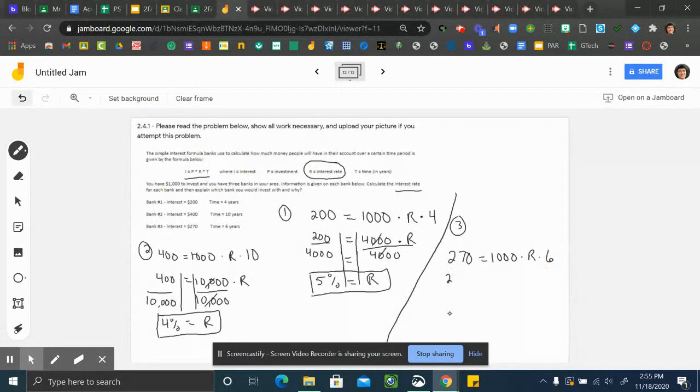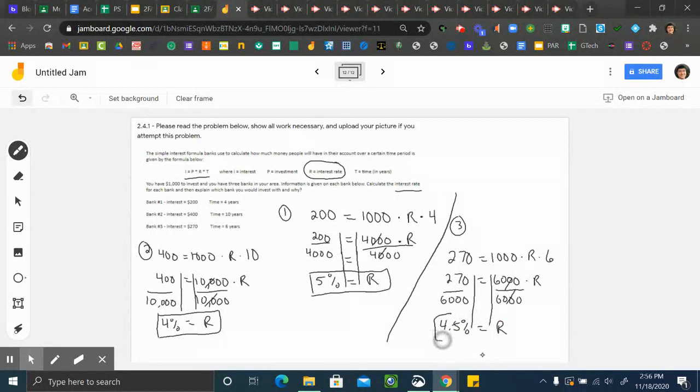So that means 270 is equal to 6,000 times R. We're going to once again use equal sign highway, divide each side by 6,000, divide by 6,000, and we're going to cancel out the 6,000 here, and we're going to say 270 divided by 6,000 is 0.045 or 4.5% equals R.